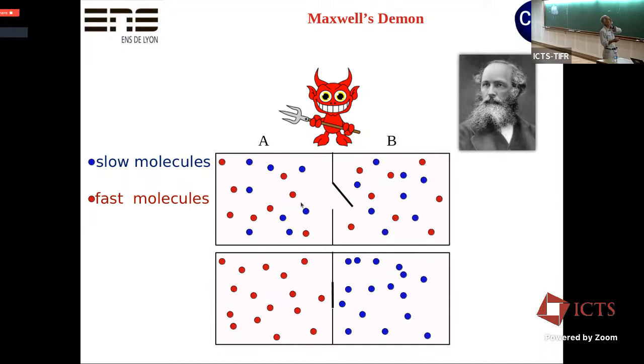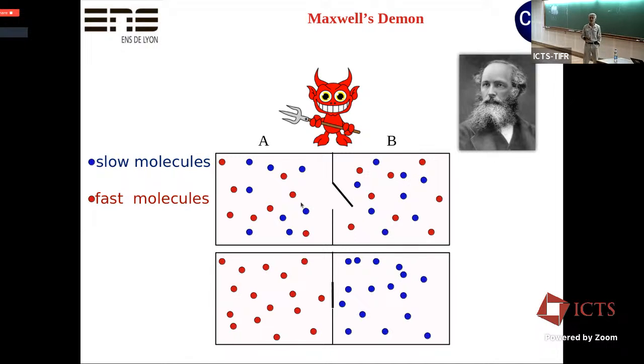Now you put an intelligent being that is looking at the system and moving this gate, separating the fast and the slow molecules in such a way that you find all the hot molecules, the fast ones, on the left and the slow molecules on the right.